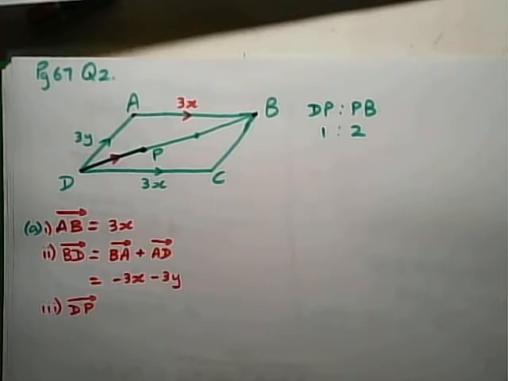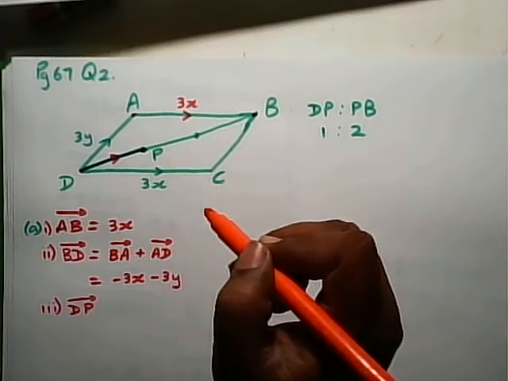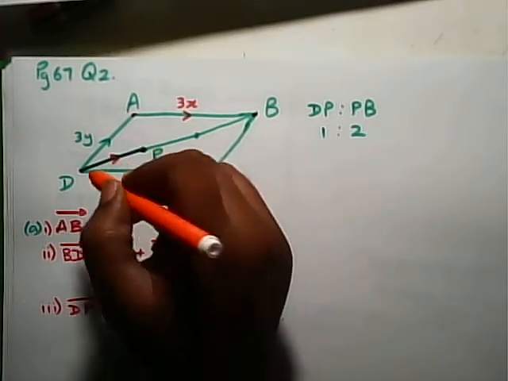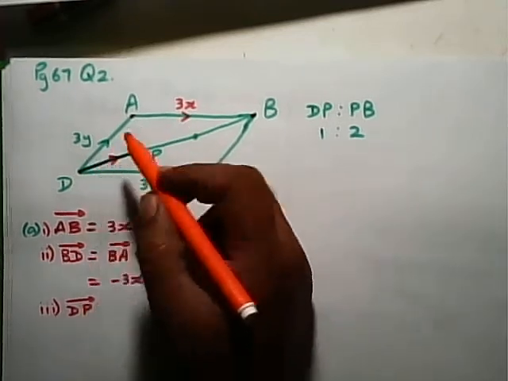So we'll have to take some existing roads to get from D to P. Check out this interesting piece of maths here.